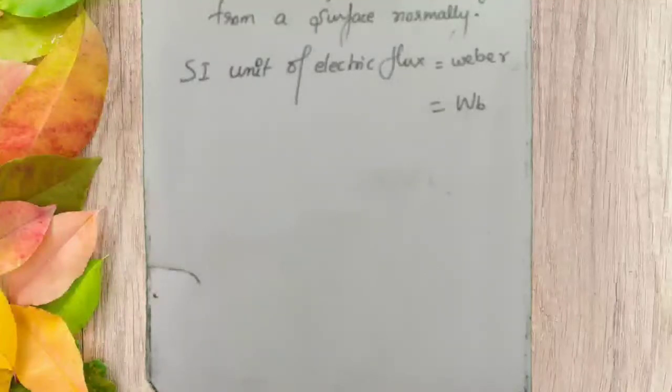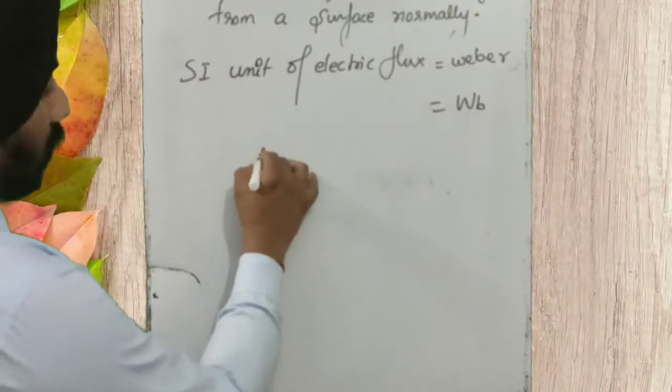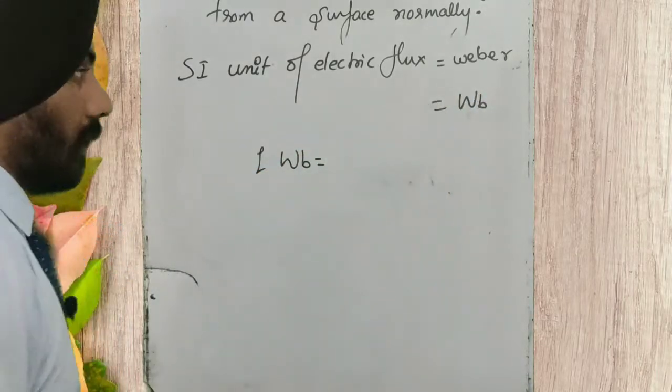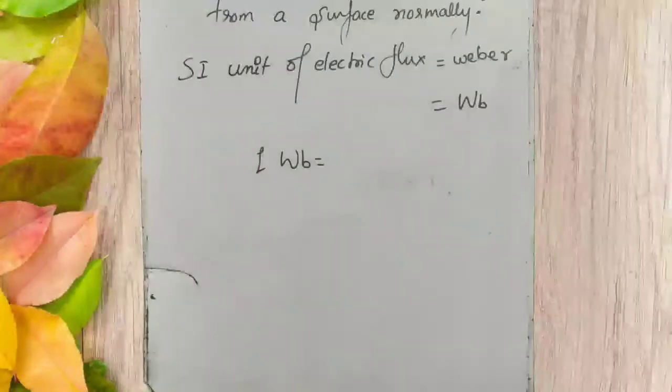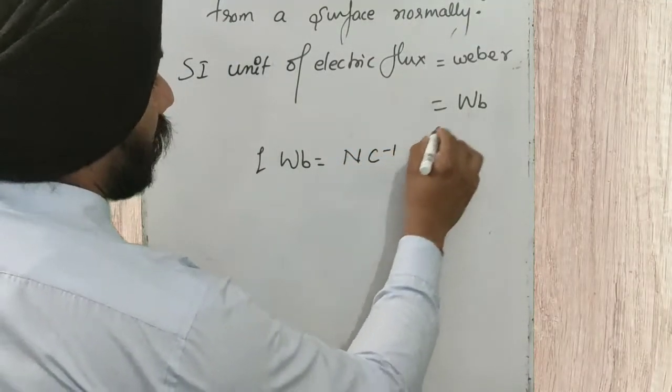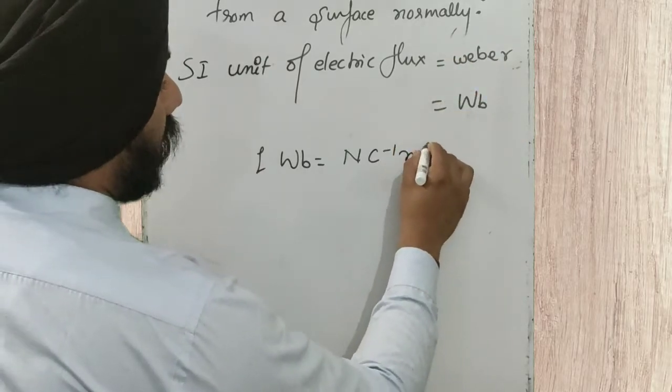So 1 Weber is equal to what? It was electric field into area vector. Electric field has the unit Newton per coulomb, and area is meter square.